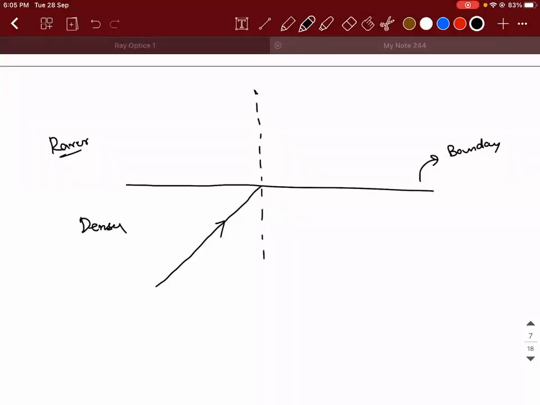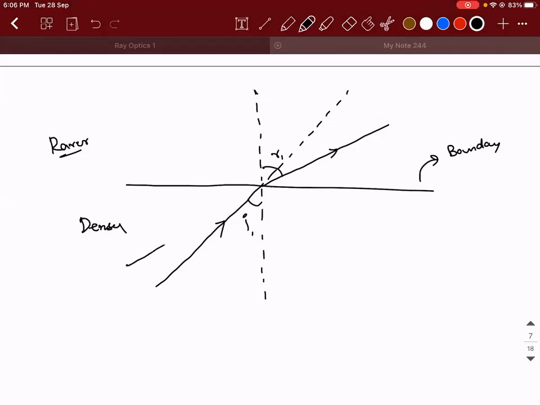If I draw the normal at this point, if I take this as the angle of incidence, then how will the angle of refraction in the second medium be? It will be a value greater than the angle of incidence. So the ray will bend away from the normal. If I call this I1, this will be R1.